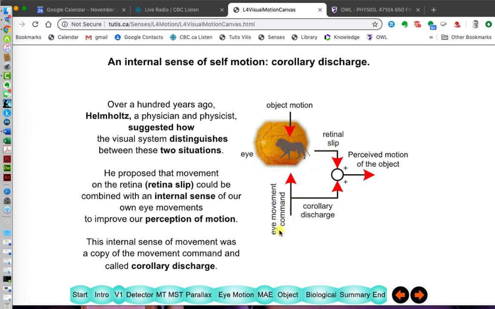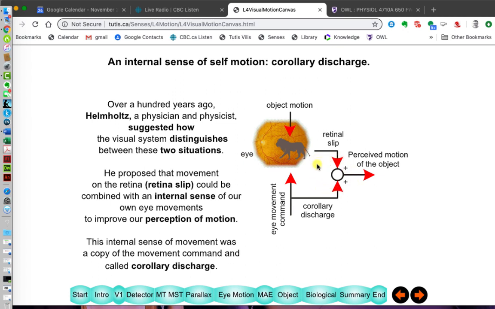And here we also have another signal that causes the eye to move, activates the muscles of the eye, and a copy of it is sent to some part of the brain. And Helmholtz had no suggestions as to what that could be.